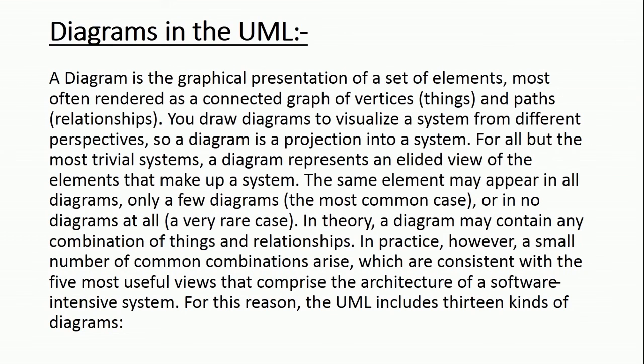In theory, a diagram may contain any combination of things and relationships. In practice, however, a small number of common combinations arise which are consistent with the five most useful views that comprise the architecture of a software-intensive system. For this reason, the UML includes 13 kinds of diagrams.